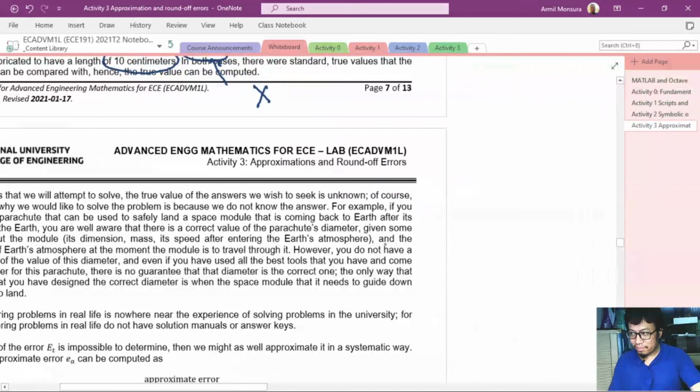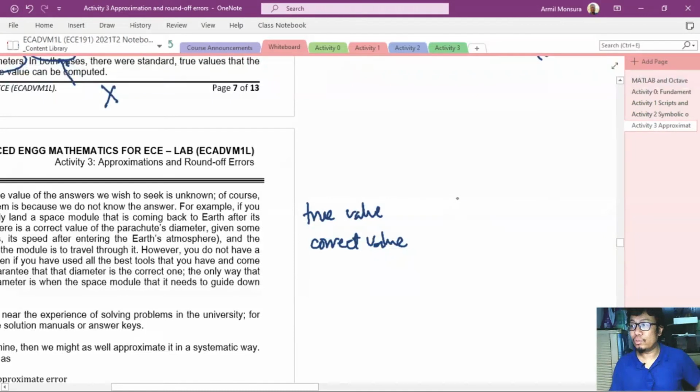Okay. So iba yung term na true value sa correct answer or sa correct value. In the context that we are talking about, when you say true value, this is the exact absolute correct value for a certain problem or certain quantity that we are talking about.